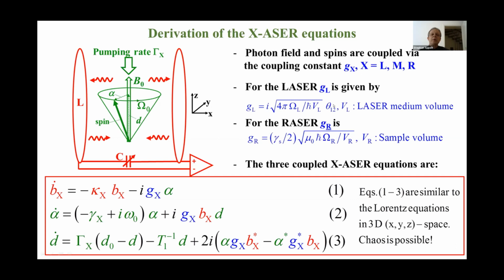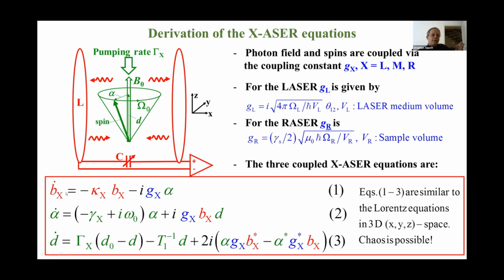And for the RASER, it's even more simple because we calculated that in general for spin-1/2. The coupling constant between the photon and the resonator is gamma times the square root of omega of the RASER divided by the volume. So we arrive at the full RASER equation.